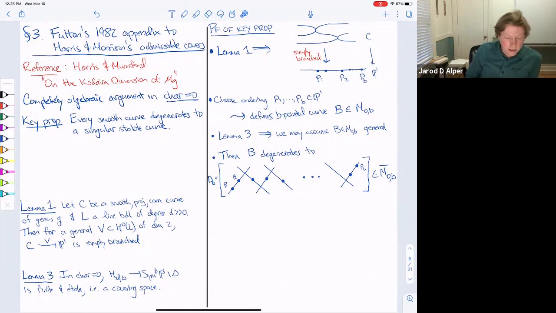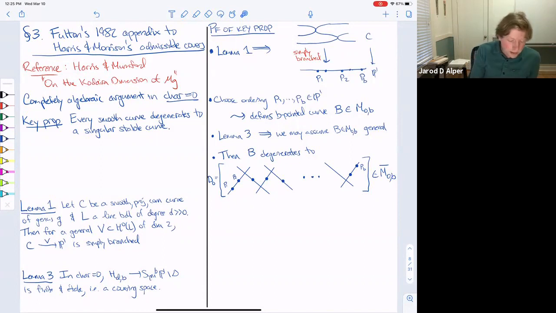In their 1982 paper, a beautiful paper where their goal in the end was to compute the Kodaira dimension of M_g, they introduced a number of other interesting ideas along the way, namely admissible covers. So it's a completely algebraic argument in characteristic 0.